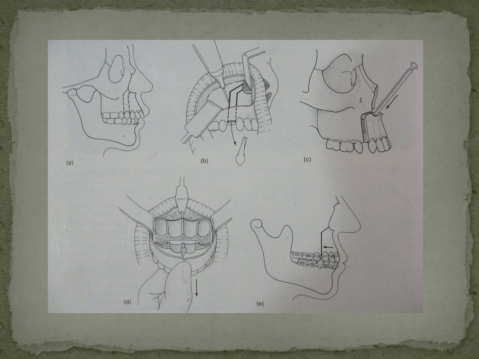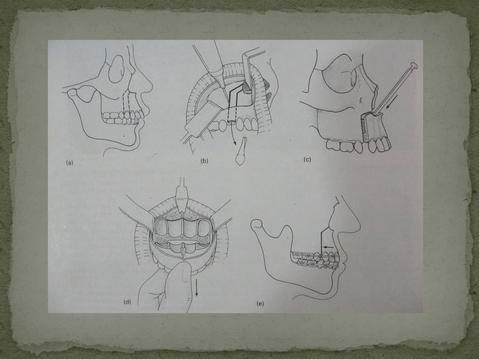We mostly do it from the first premolar. Before the osteotomy procedure, we'll extract the first premolar. Then we go to the lateral edge of the nose and cut it on both sides and pull it back, setback.